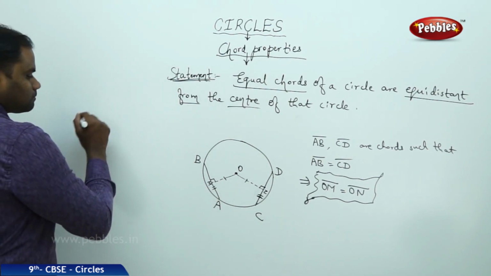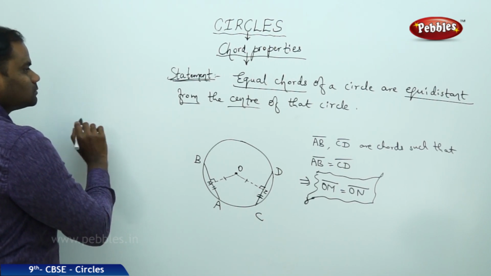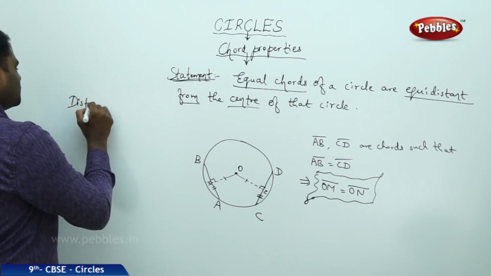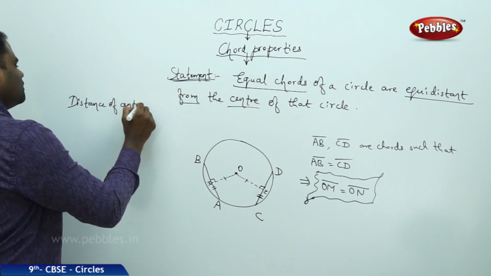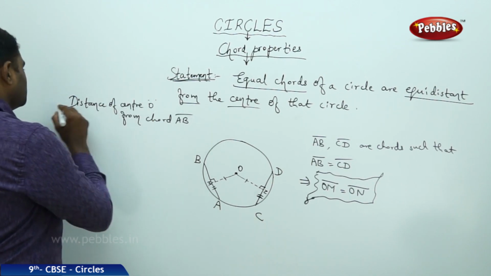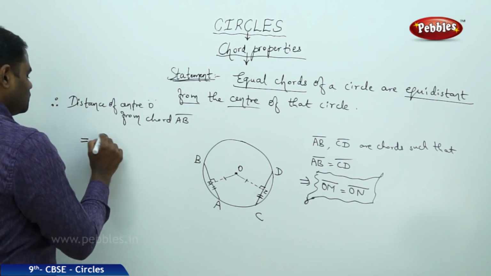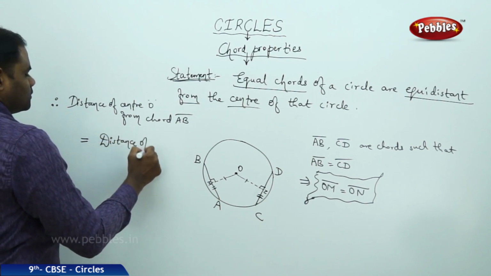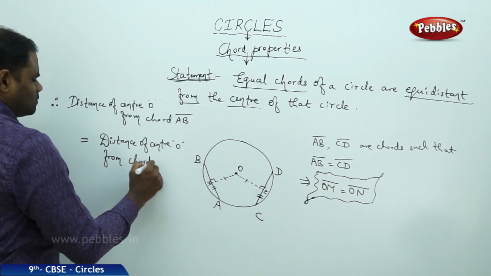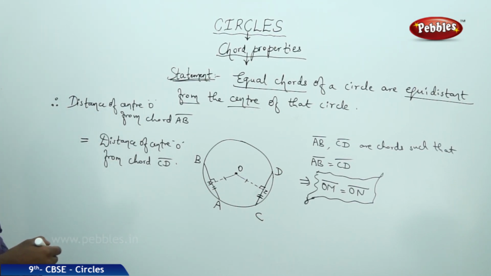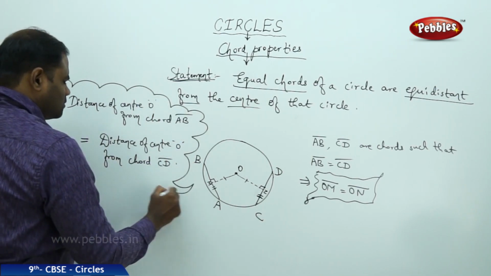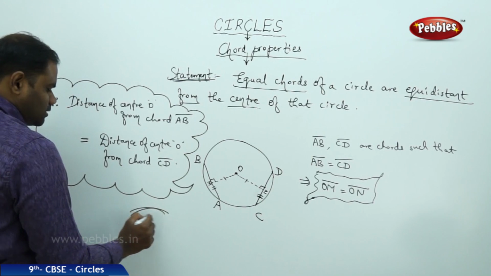So in this case, the distance of center O from chord AB is equal to the distance of center O from chord CD, is how we understand the property.